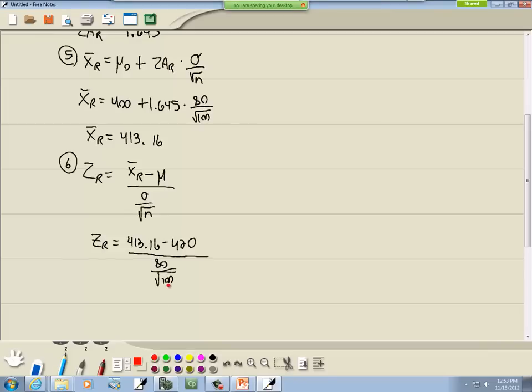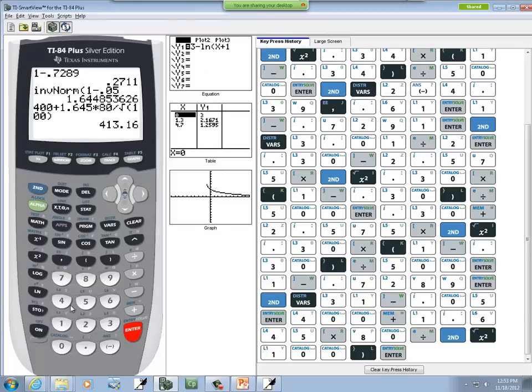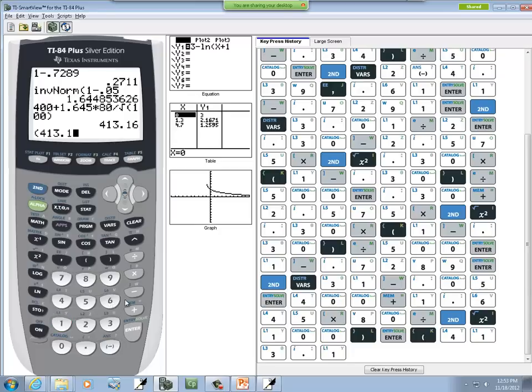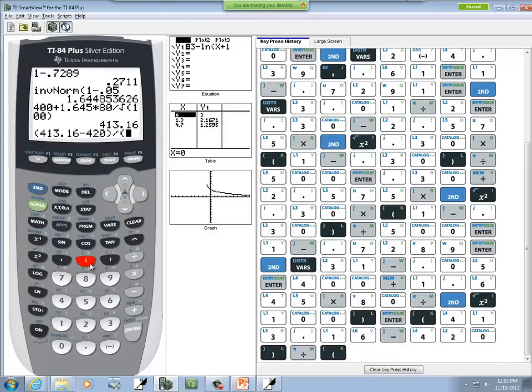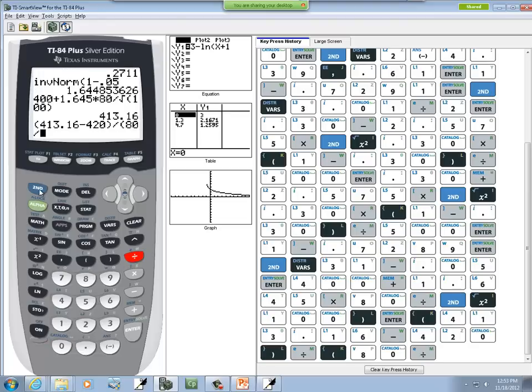Now we know the square root of 100 is 10, and 80 divided by 10 is 8, but let's pretend we didn't. The key to plugging this in your calculator is put parentheses around the top, parentheses around the bottom. So I'll do beginning parentheses 413.16 minus 420, closing parentheses divided by beginning parentheses 80 divided by second x squared for the square root 100.